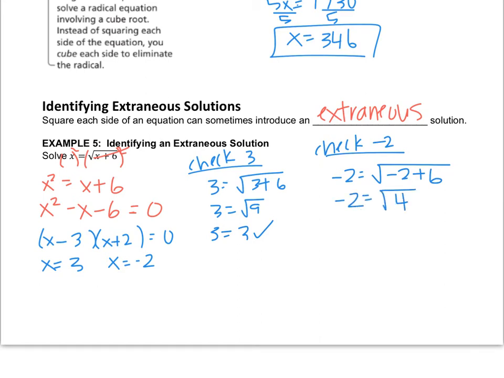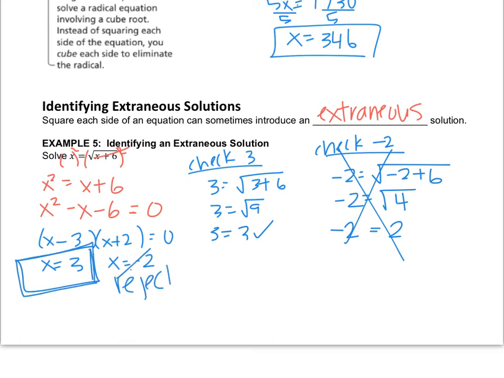But when you're given the symbol, it's the positive root only, so this is actually 2. If they wanted the negative answer, they would write negative radical 4, which they did not. So this is extraneous, because negative 2 does not actually work. The math told me it did, but when I plugged it in, it didn't. So the only solution is x equals 3, and we reject this.